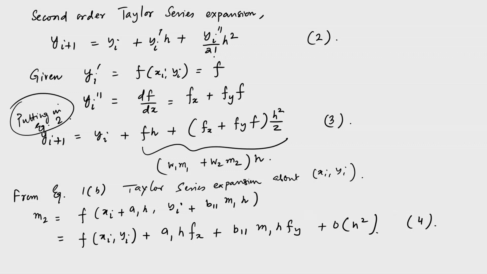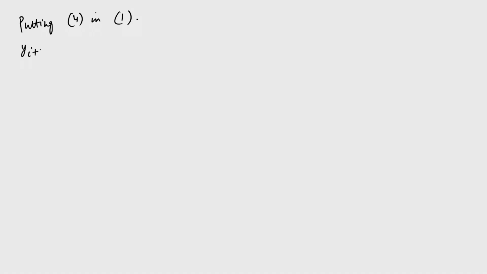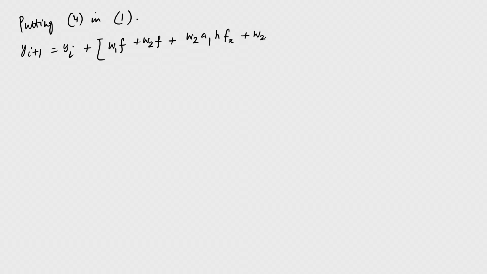So, if I substitute equation 4 in 1 and replace M1 with f, since M1 is nothing but f, putting 4 in 1, we get y I plus 1 equal to y I plus W1 f, remember M1 is nothing but f, plus W2 f plus W2 A1 h f x plus W2 B11 f, which is M1, and f y h, and we are missing out terms which are of the order of h cube.